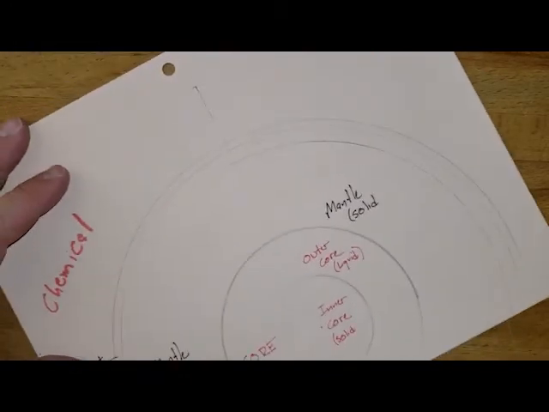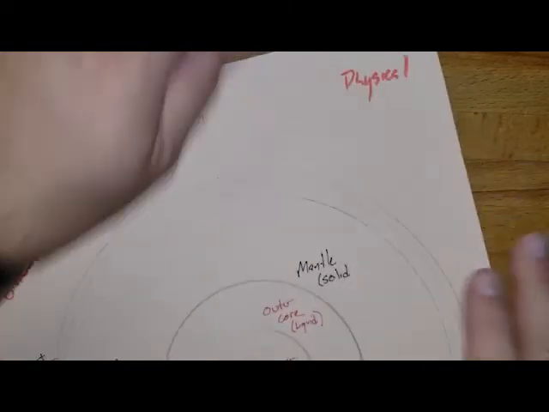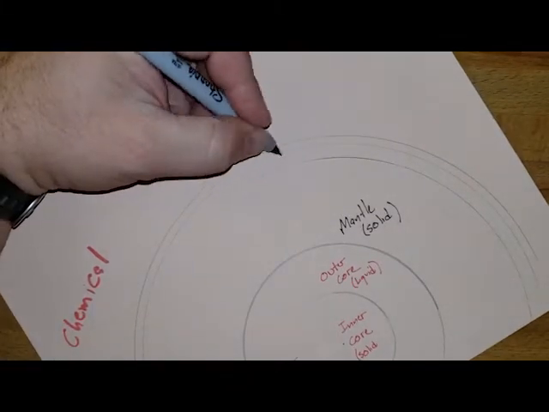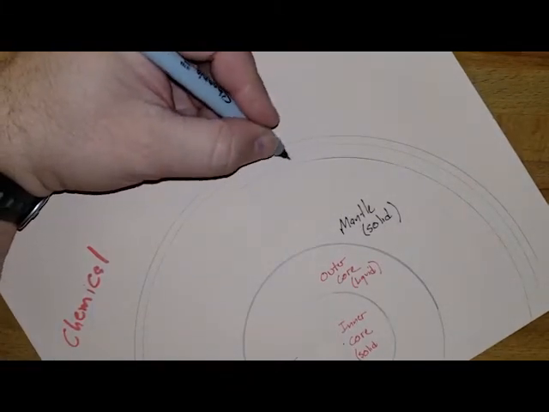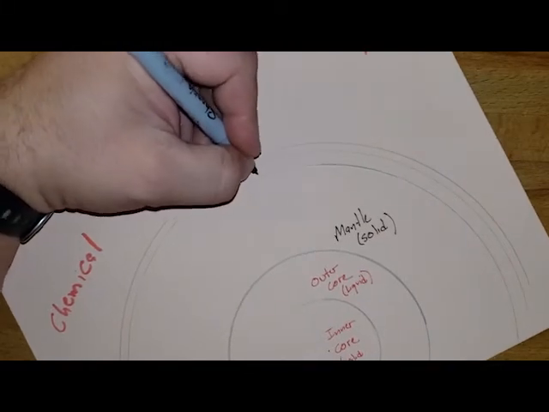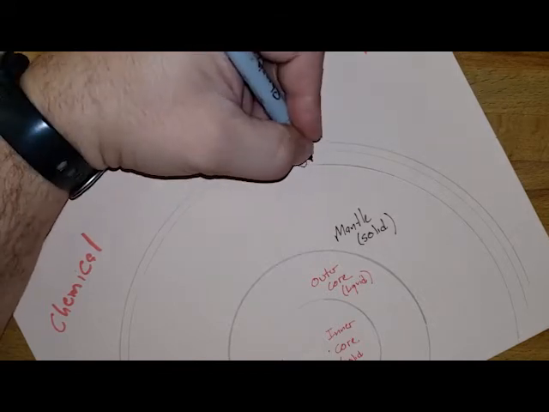We're going to look at this in two different ways. We have our mantle, which is going to be solid. And then floating around there, we get to a layer that's kind of soft, kind of like plastic, called the asthenosphere.